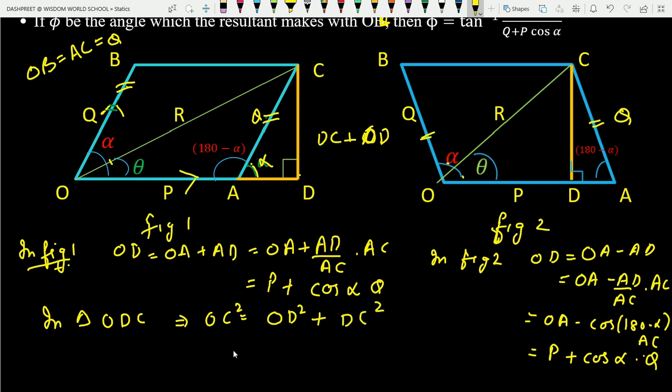OC, the value of OC is R, so R square can be written as OD square. The value of OD we have calculated just now is P plus Q cos alpha, in both the cases, whole square.